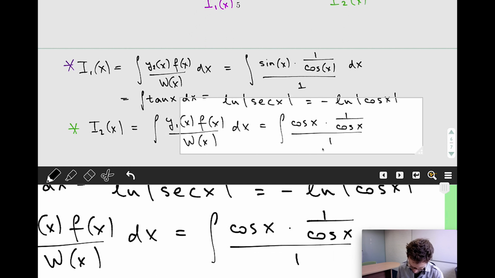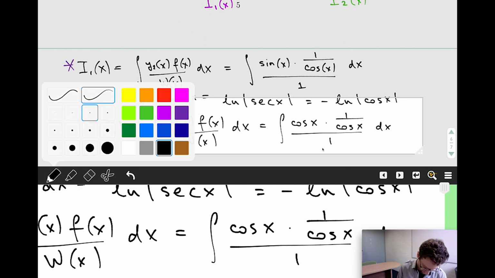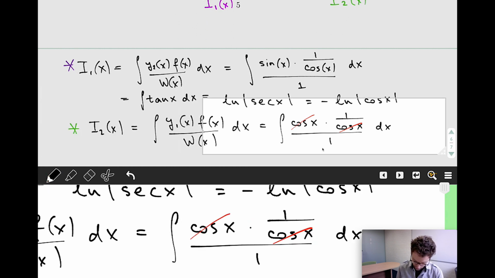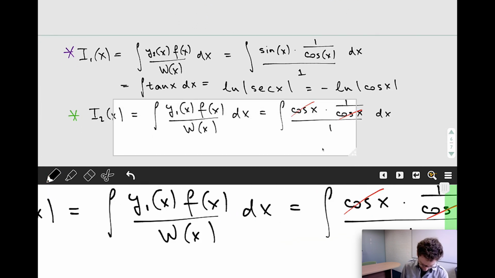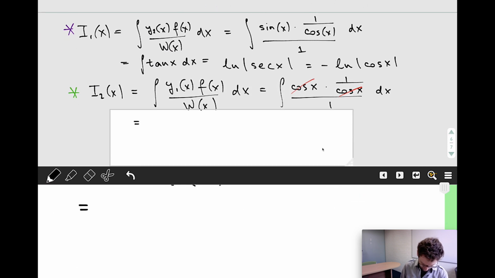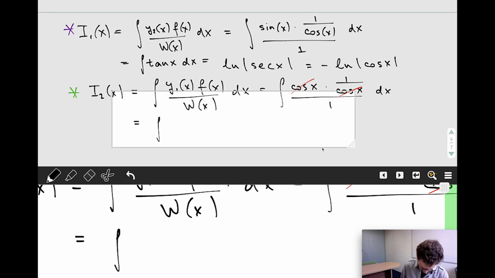So we actually find that this is very simple. We get cancellation of the cosines. We're taking the integral of 1. So we end up with x. So I2 is equal to x.